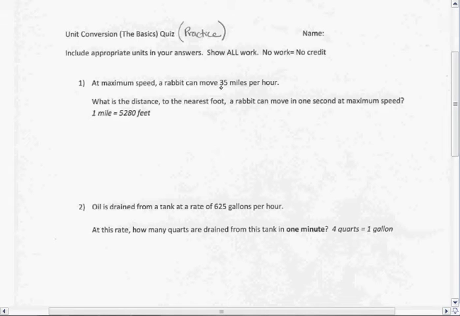So here is the unit that I'm starting with, unit rate. So 35 miles per hour, and I'm going to write that as a ratio, 35 miles over 1 hour. And I need to do two conversions.